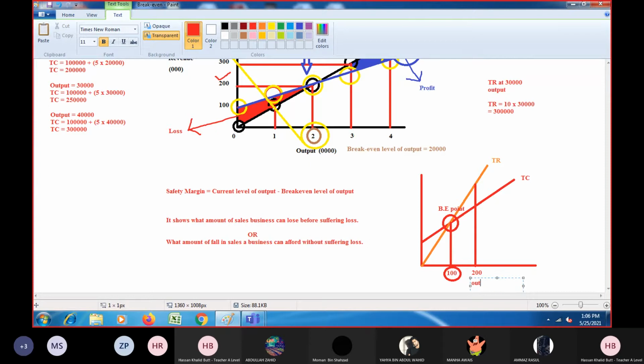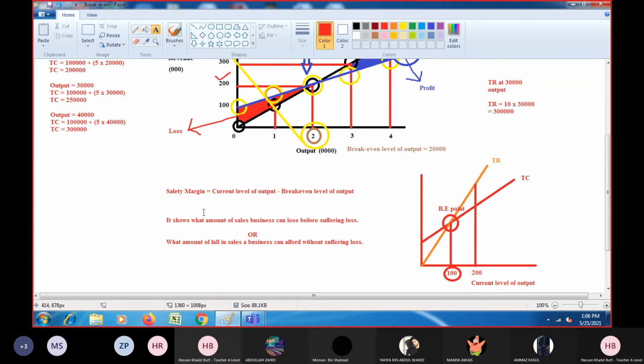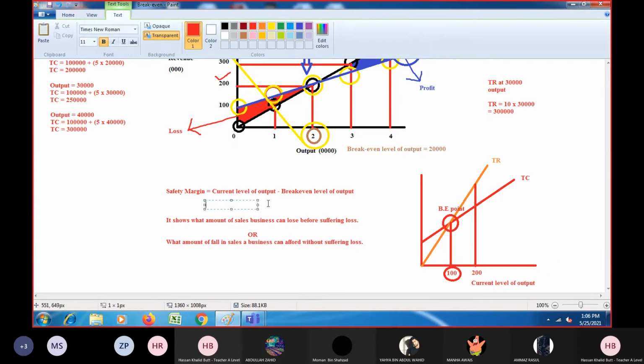So now if we need to find out the safety margin, it becomes easier to find it out. And now you can see the formula. If we take the values from the example I gave, we get current level, which is 200, minus break-even level of output, which is 100. So we'll get the answer 100, and 100 units is the safety margin.